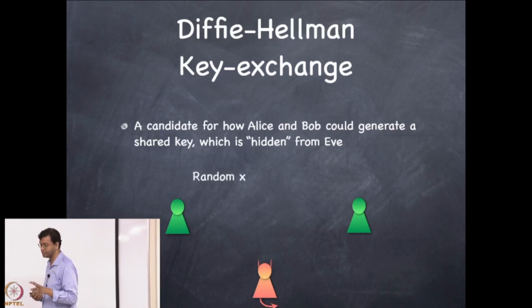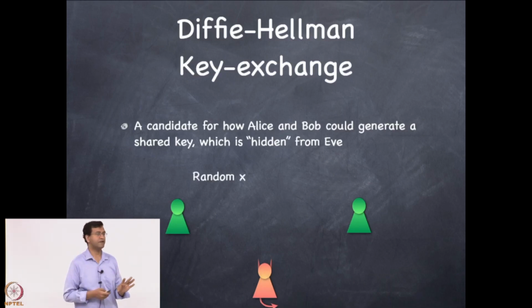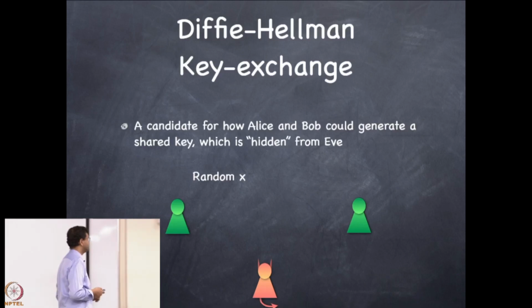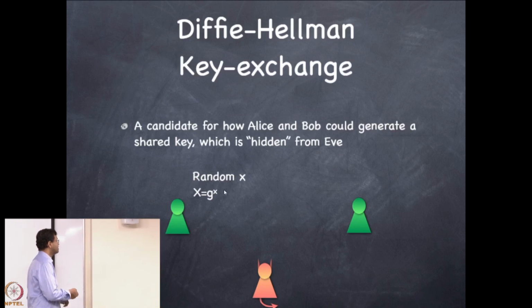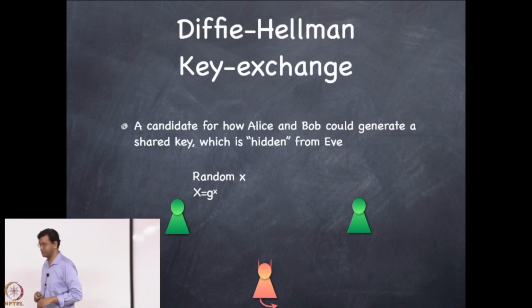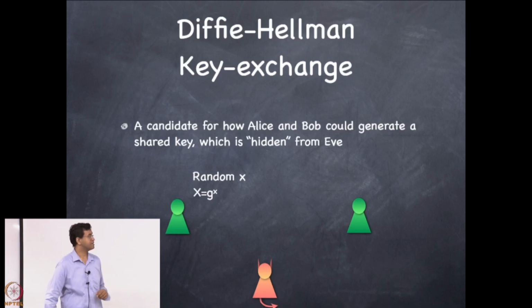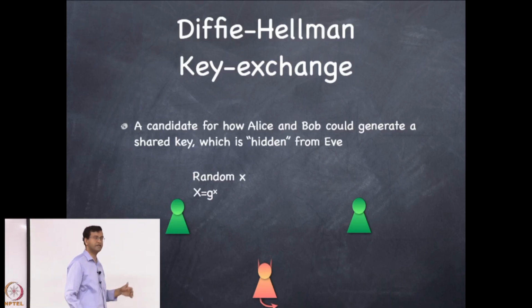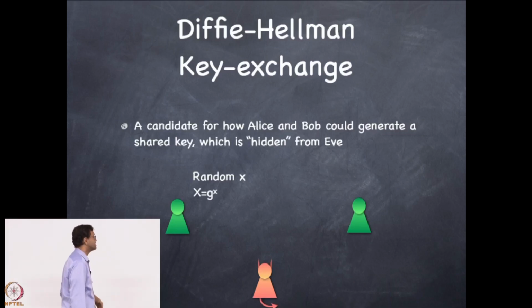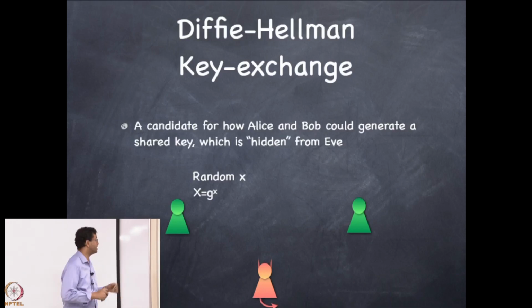It's a random number in some range. Doesn't matter for now. Just think of it as some integer in some range. And she will compute this thing, which I have not fully told you what that means, but think of g as another number, again in some subset, and g to the power x is just raising the number to the power x. Okay?